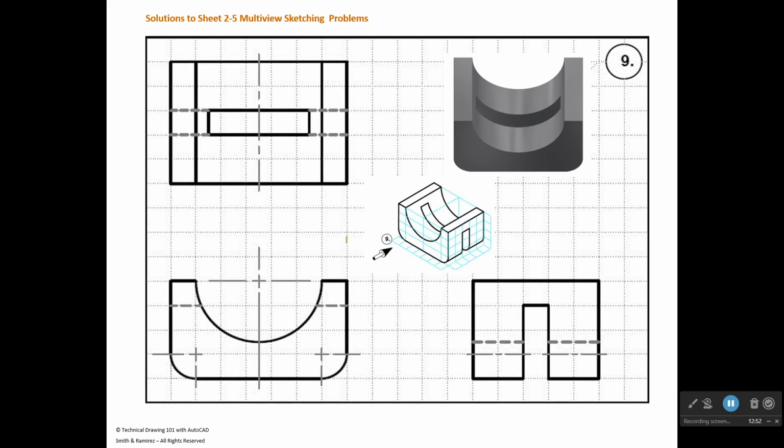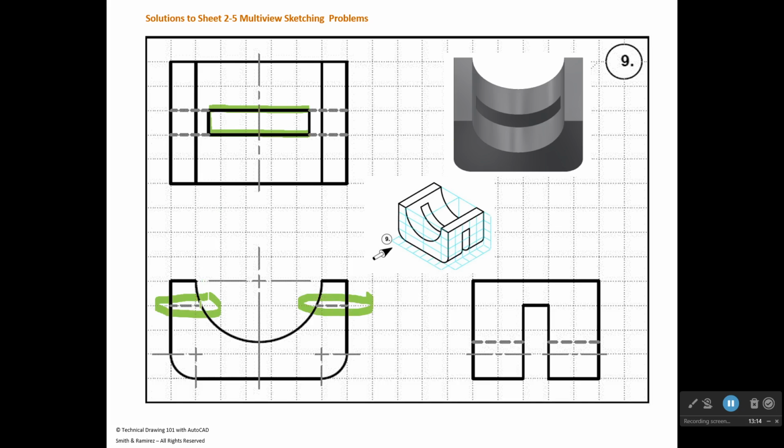All right, this is probably the hardest one on sheet 2.5, and the reason is this rectangular cutout right here. When you run this hidden line through that you have right here, and you run it through right there, that defines what you see in the top view.